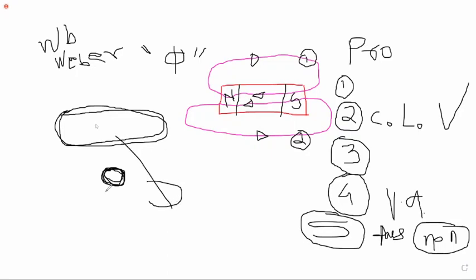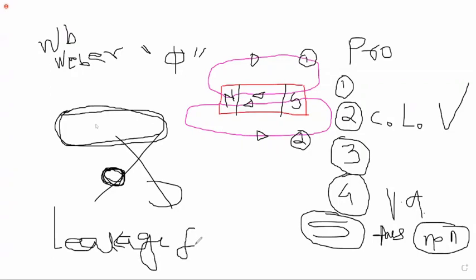Due to this property, there is a leakage flux in the electrical machines. What are the electrical machines? There is a transformer, then motor, generator. Motor means AC motor, DC motor.